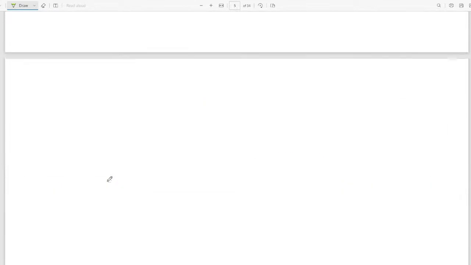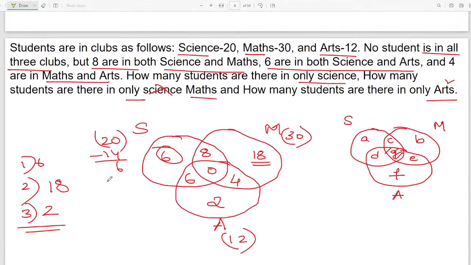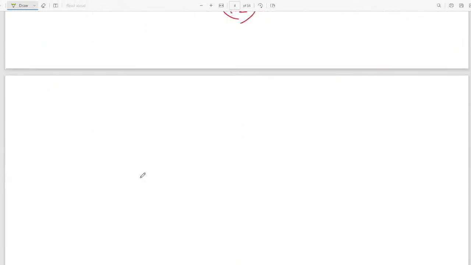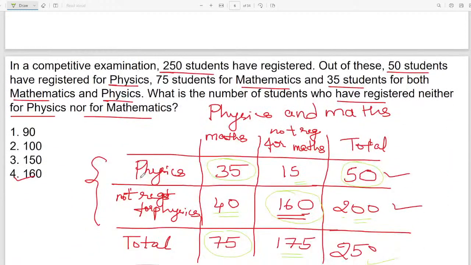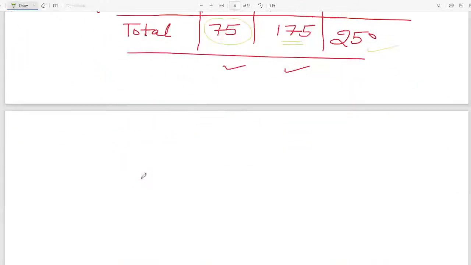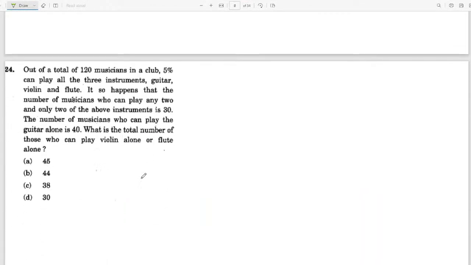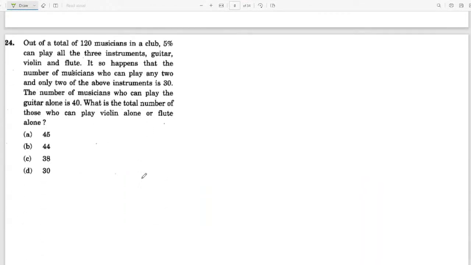If there are three items, then we use a Venn diagram, that is three intersecting circles, and then we solve for the variables. So if things are clear, we'll move to the problems. I'll give you 2 minutes to solve. Take 2 minutes to solve this question.